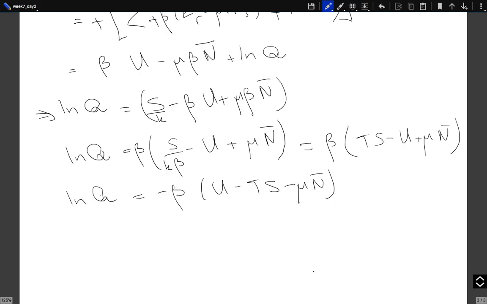So let's see what this is. Let's remember thermodynamics. dU was equal to T dS minus P dV plus mu dN.